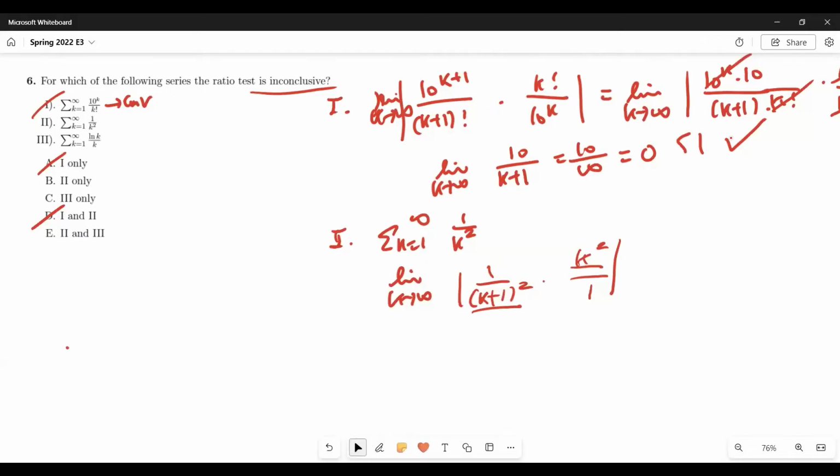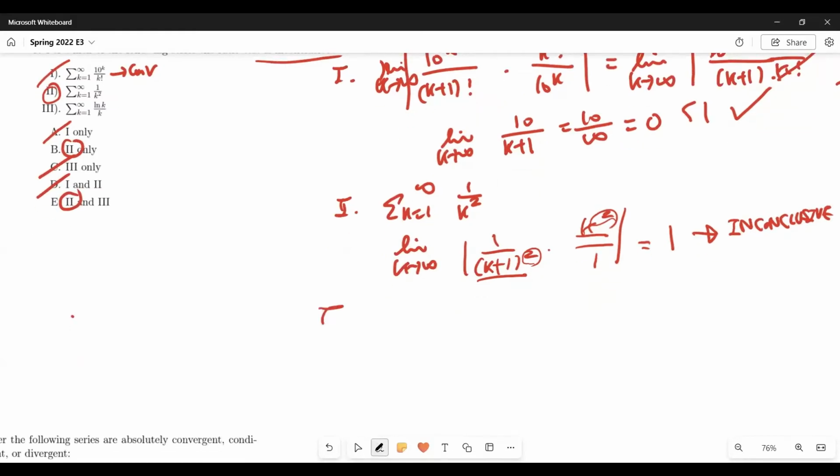Since they have the highest power of 2 in both numerator and denominator, it's going to be converging to 1, which means it's inconclusive, because when you get 1 as the ratio test result, you get inconclusive as the final answer. So that means 2 is our answer choice. That means B or E is going to be our answer choice.